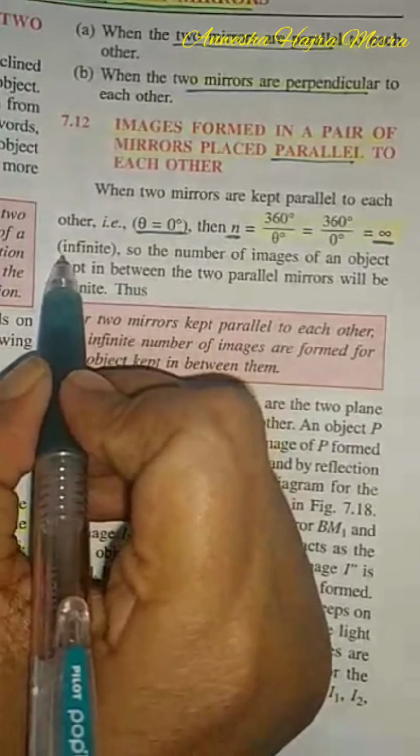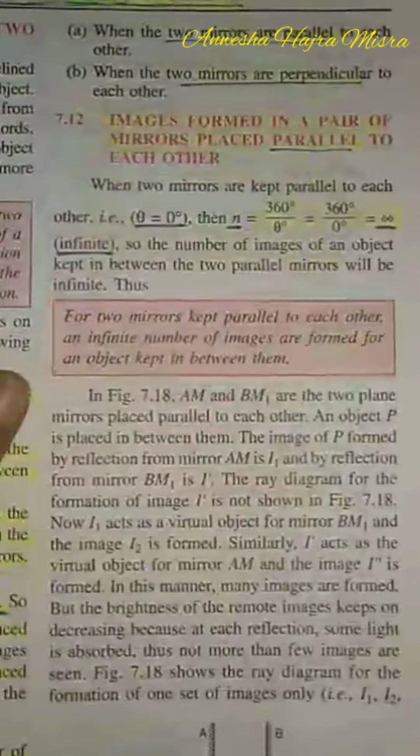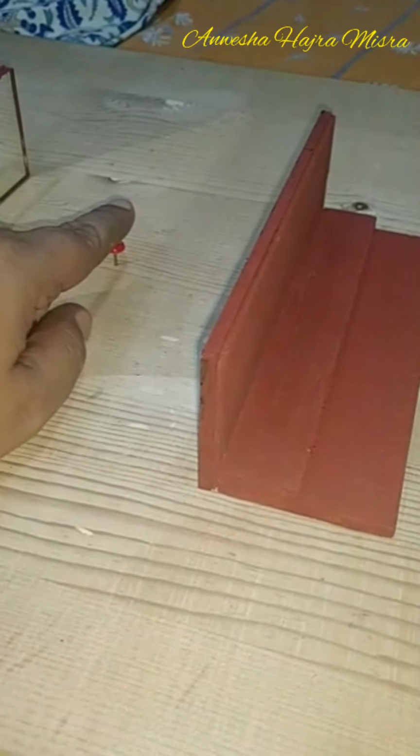So, here you have infinite number of images. For example, I'll send you a picture, children. Here I have two mirrors kept parallel, and I keep an object just in the middle. I'll send you a picture where you'll see that the number of images formed is many, infinite number of images.